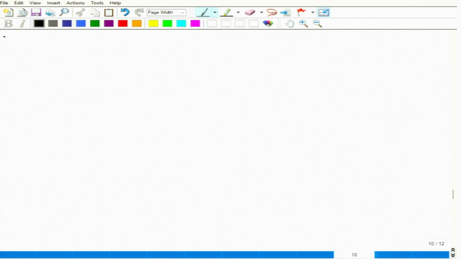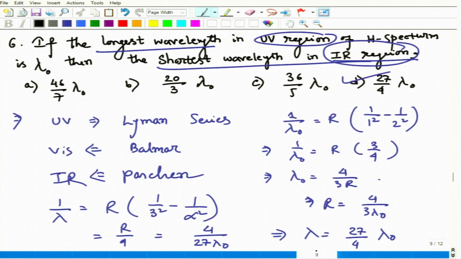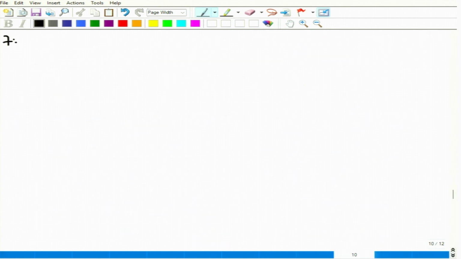Okay, now what will be the question number? It's 7. It's again an interesting question, I guess. It's easy but some different kind. Some energy levels are shown. It's like this.